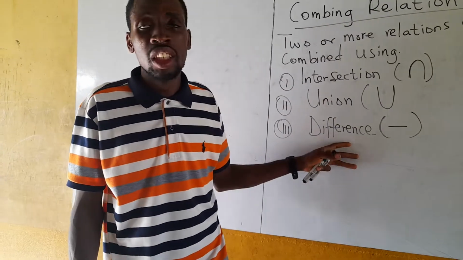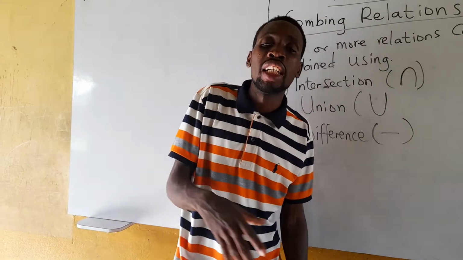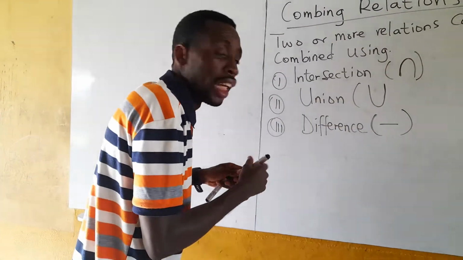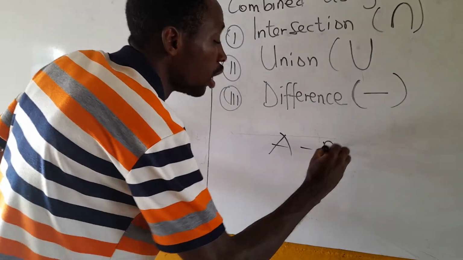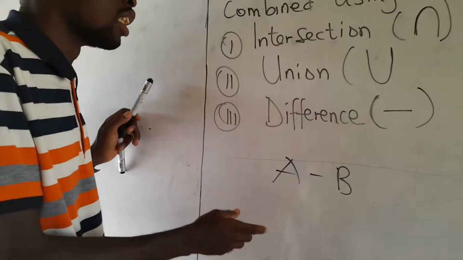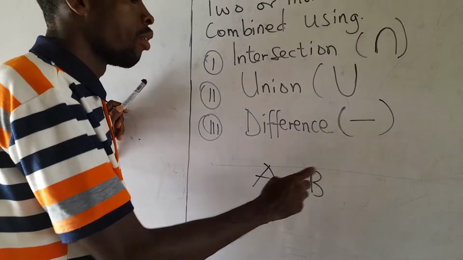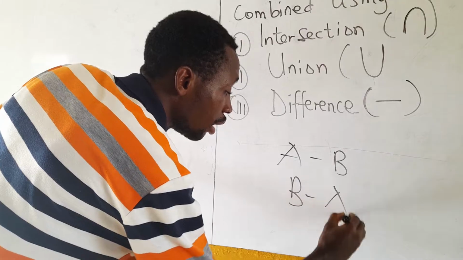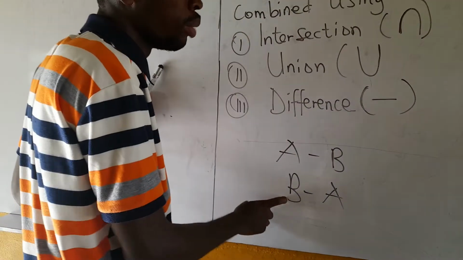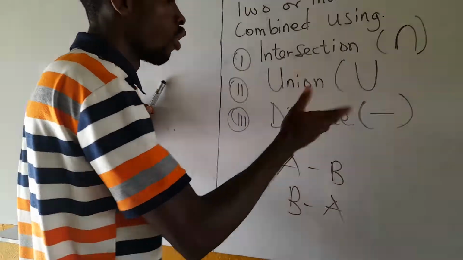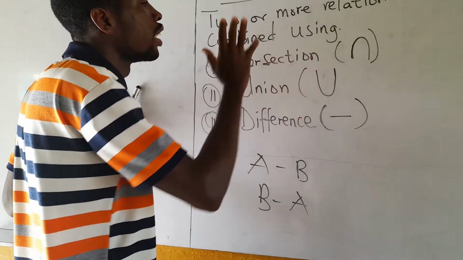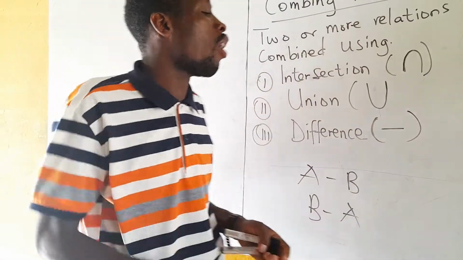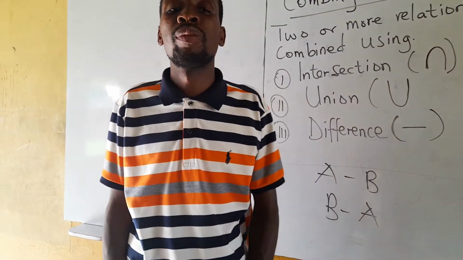Then the difference between set A and set B is A minus B. A minus B simply means the elements that are in set A, but they are not in set B. Then B minus A simply means the elements that are in set B, but they are not in A. We are going to employ those ideas in combining relations. So we take a sample question, then you see how we apply these things.